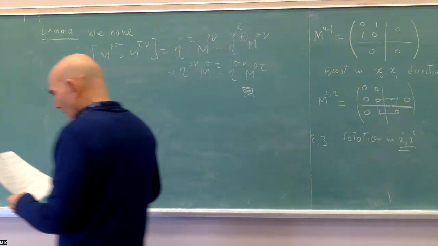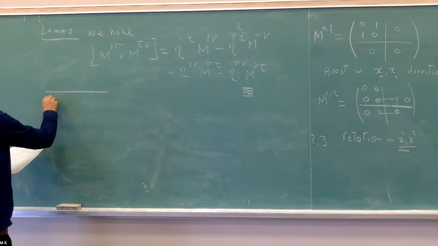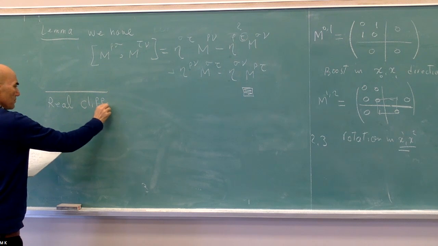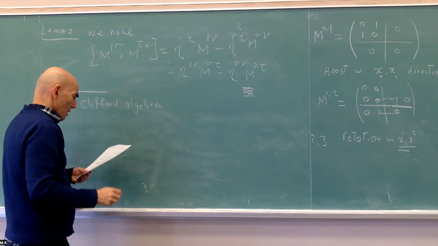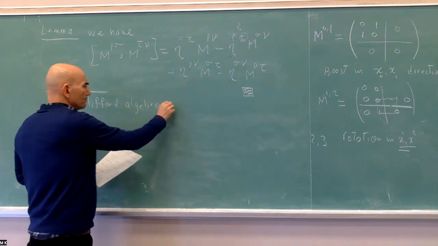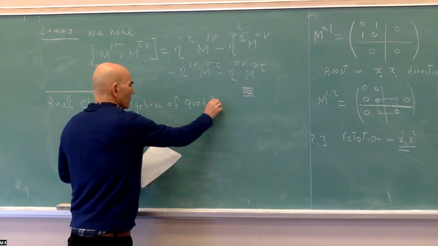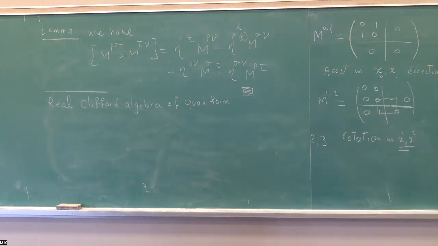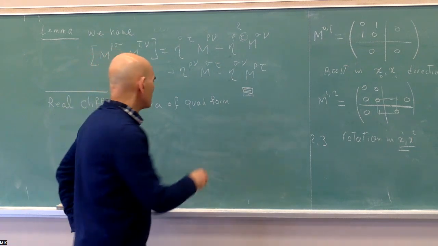All right, now let's look at Clifford algebra. So this is really like the real Clifford algebra of a quadratic form. This quadratic form has signature plus, minus, minus, minus.